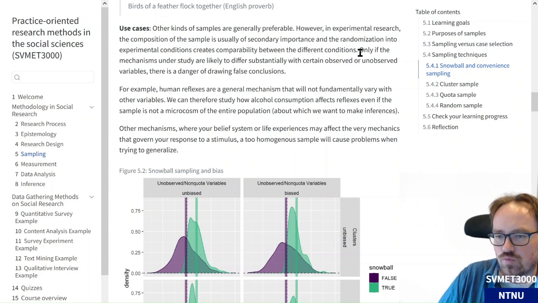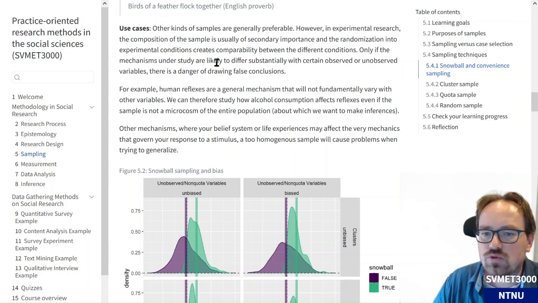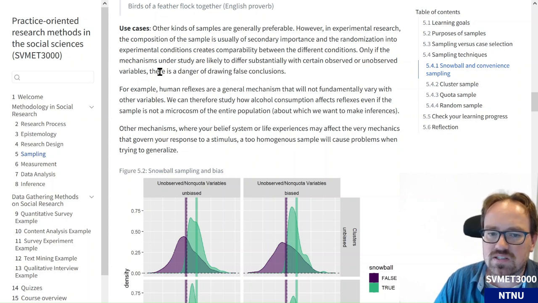So the groups are similar in the beginning because you randomly distribute your sample into the experimental conditions. The only problem is if the mechanisms under study are likely to differ substantially with certain observed or unobserved variables, there is a danger of drawing false conclusions.